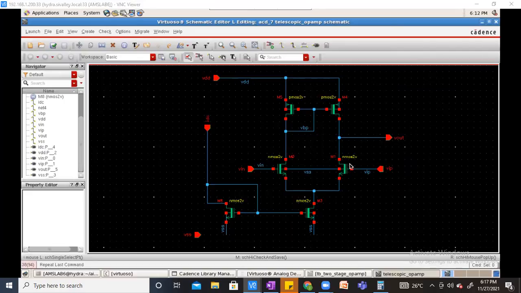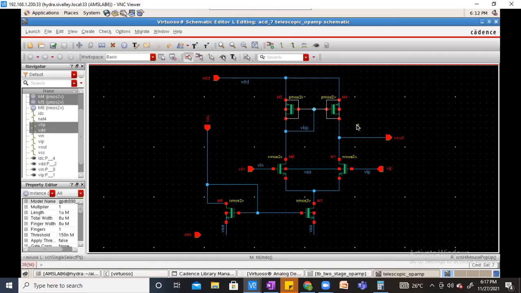Okay, only this part exists, and there will also be the cascoding part, the cascoding devices.